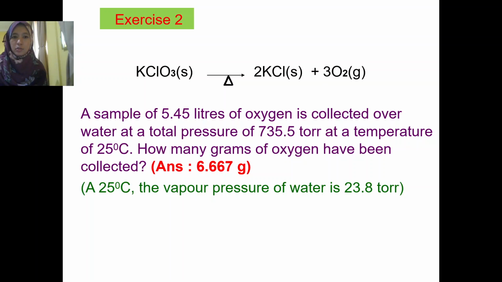Okay, the next example, exercise 2. So this one has water, and it is given the vapor pressure of water. So remember we will use Dalton here. So it is given water vapor, collected over water. Okay, how many grams? So meaning we want to calculate the mass of oxygen. Okay, so we have P total equal to P gas plus P H2O.